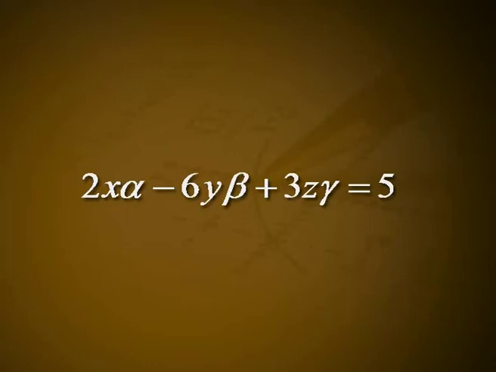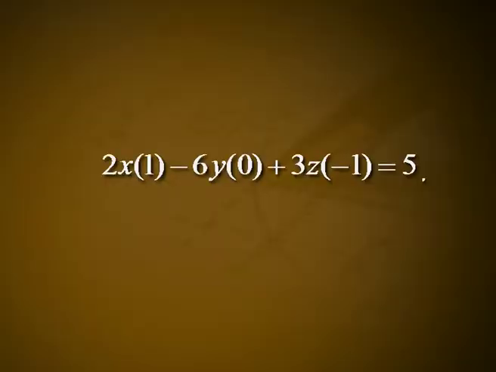The equation of the tangent plane to the given conicoid at alpha, beta, gamma is 2x alpha minus 6y beta plus 3z gamma is equal to 5. Therefore, the required tangent plane at 1, 0, minus 1 is 2x into 1 minus 6y into 0 plus 3z into minus 1 is equal to 5, or 2x minus 3z is equal to 5.